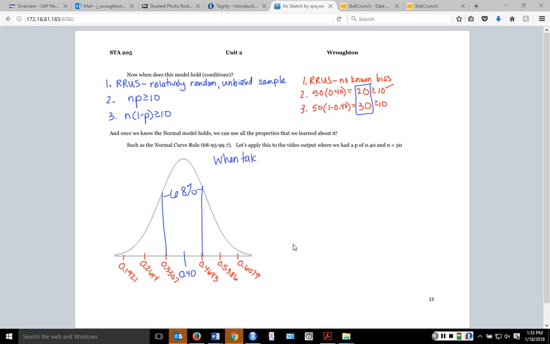So when taking a sample of 50 beads, because that's how many we sampled here, 68% of the time we should get between 33.07% and 46.93% black beads.